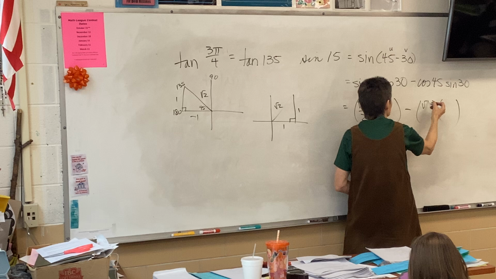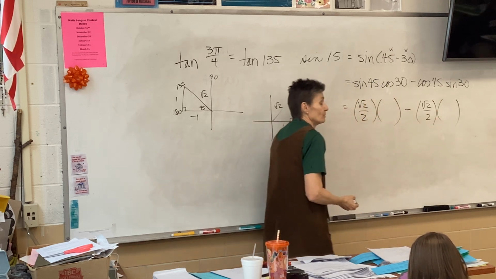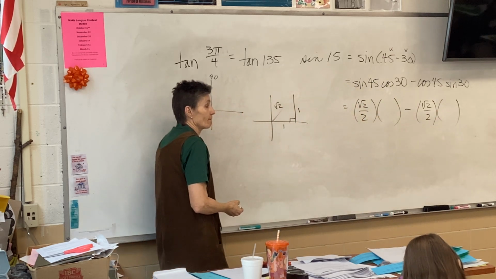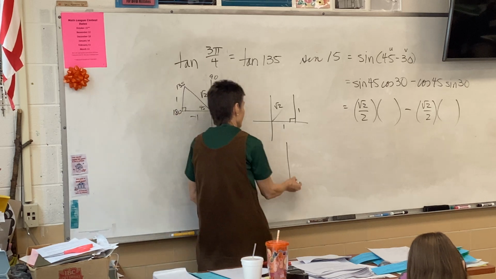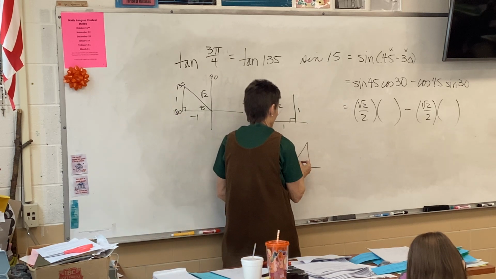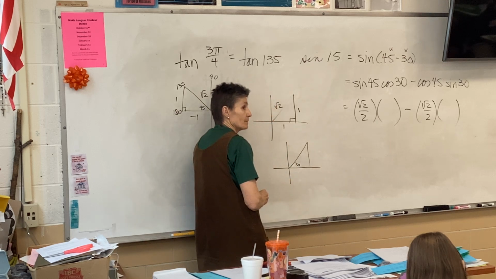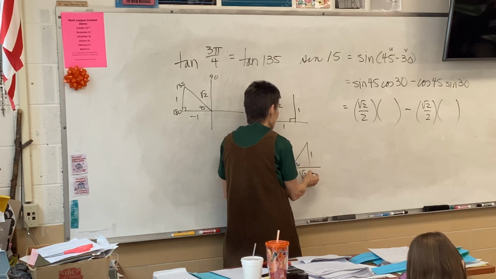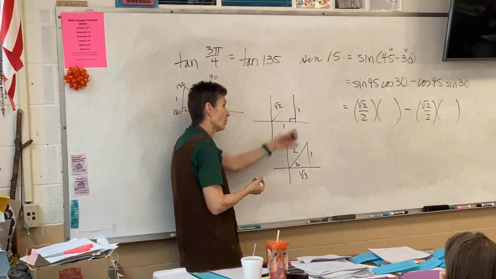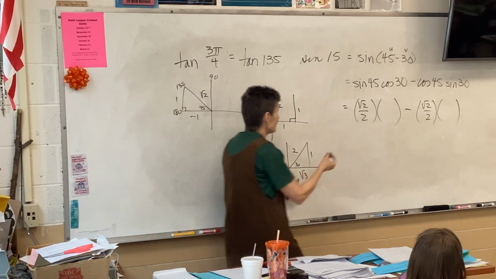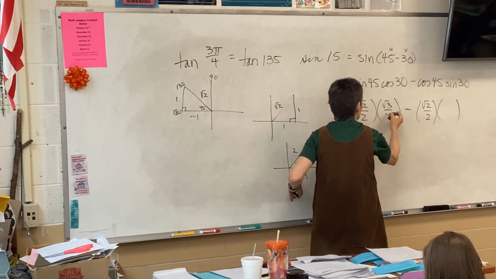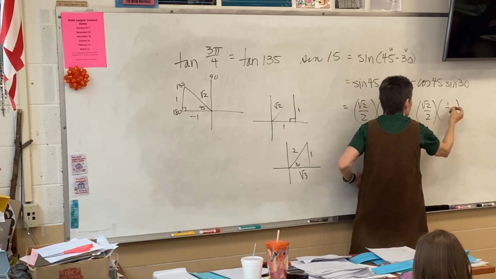So the sine and the cosine are both root 2 over 2. Now, 30, see how you are dead meat if you can't do these problems, because you won't be able to fill all these blanks in. Cosine is root 3 over 2, and sine is a half.